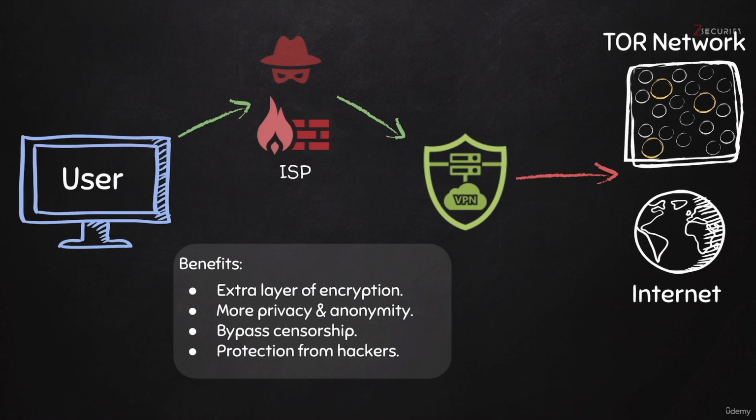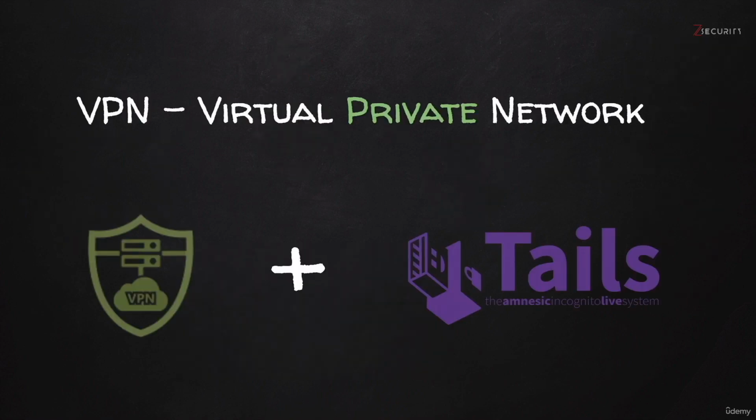Unfortunately though, normal Linux clients will not work with Tails because of the restrictions that Tails apply on the network connections. Therefore, connecting to a VPN from Tails can be a bit tricky, and that's why I want to spend this lecture and the next lecture showing you how to connect to a VPN from Tails.